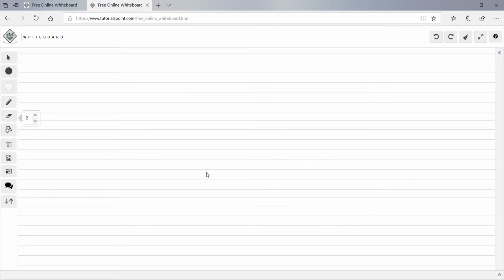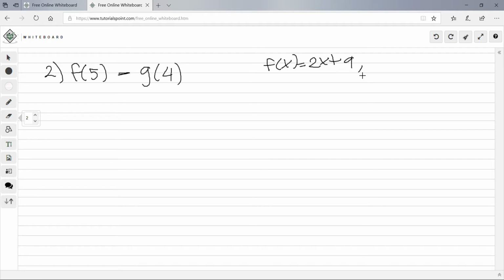Okay, so problem 2, they're asking f of 5 minus g of 4. And keep in mind that they are given f of x equals 2x plus 9, and g of x is 16 minus x squared.